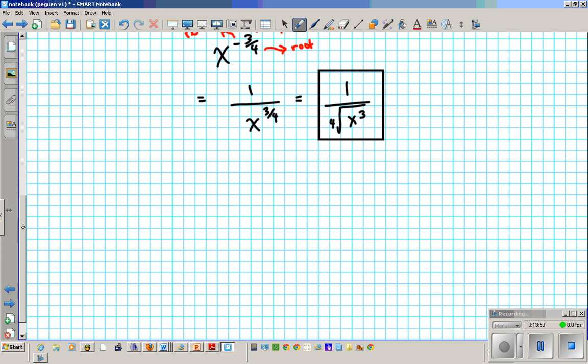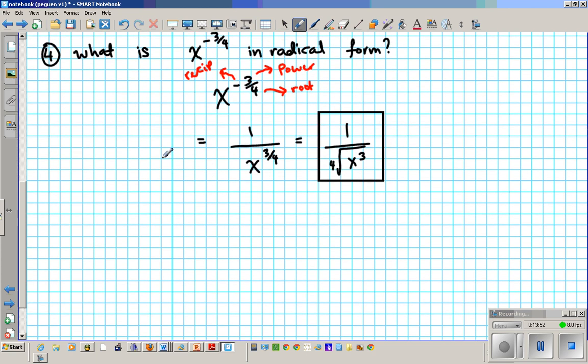Example number 5. What is log base 7 of 33 in base 5 form?